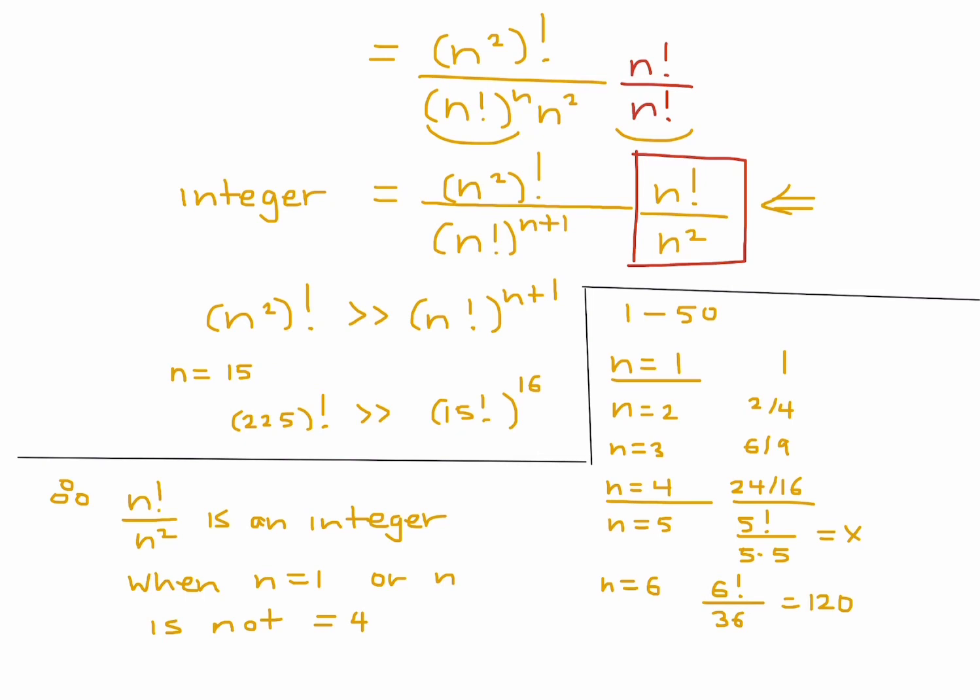Because 4 didn't give me a value that works. Or n is not a prime, because for prime numbers it won't work. So basically, all the numbers between 1 and 50 that need to be eliminated are the primes and the 4.